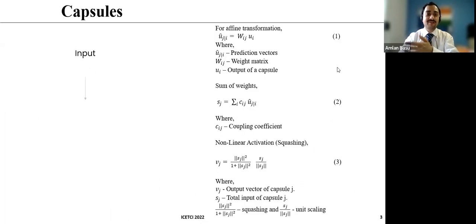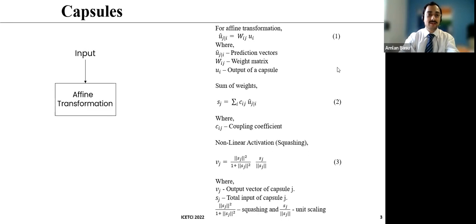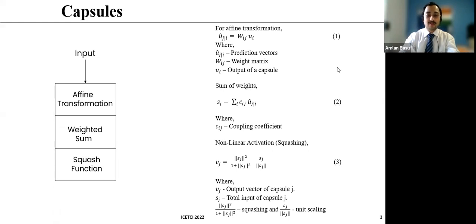Coming to capsules, why have we used capsules? A capsule has three basic functions: once the input is there, it goes through affine transformation, then a weighted sum, then the squash function, and then the output.